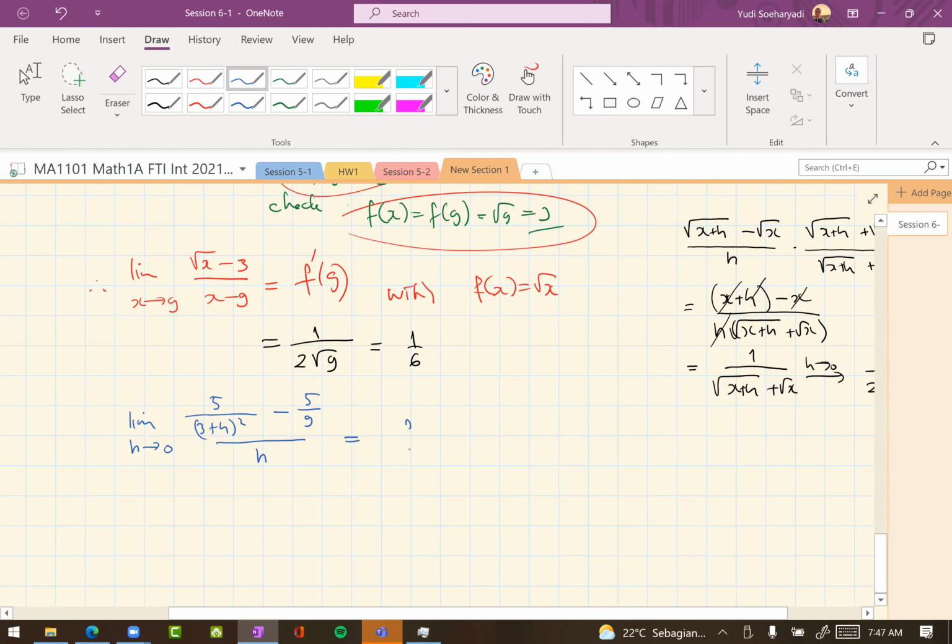We would like to have the definition here, so we need to find f and a.